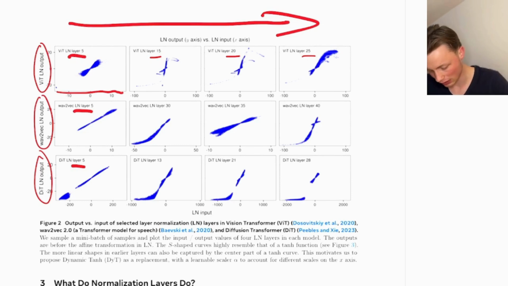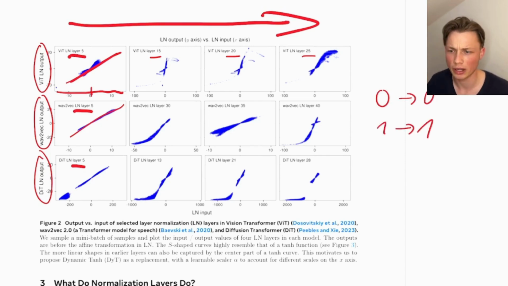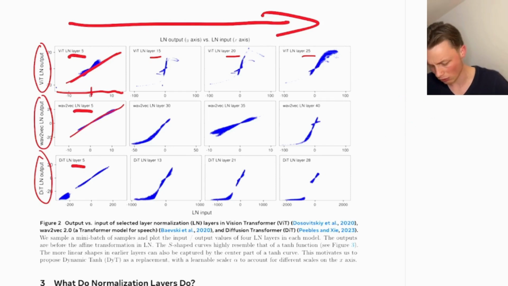And what can we see here? We have a linear function in the first layer. So if you put in, I don't know, 0, you will get out 0. If you put 1 into it, you get a 1 out, stuff like that. So just a linear function, everything is linear.